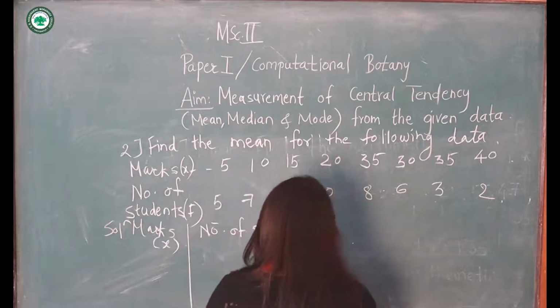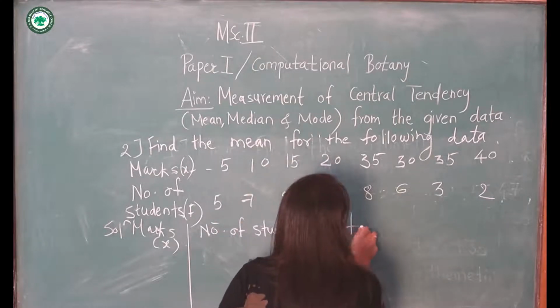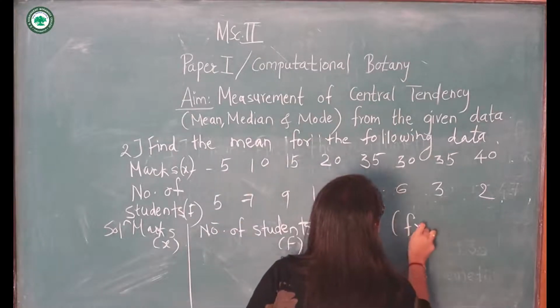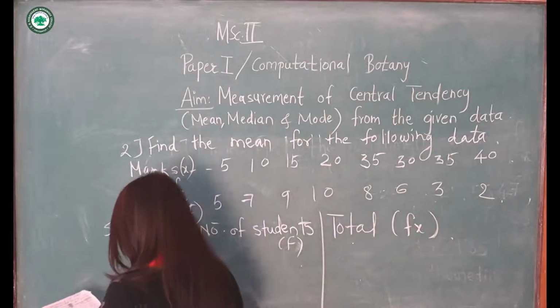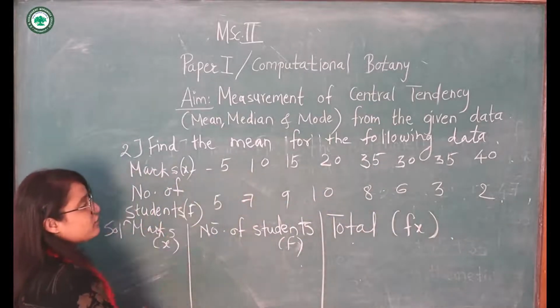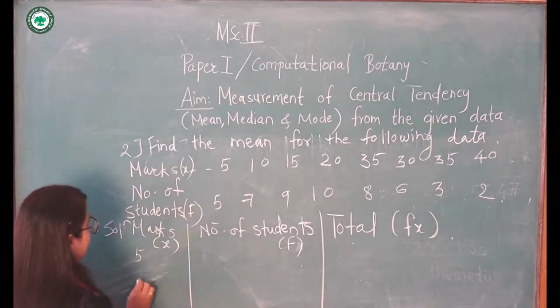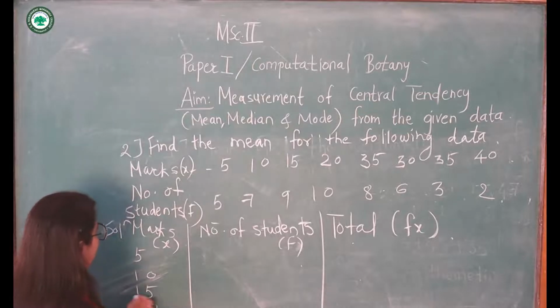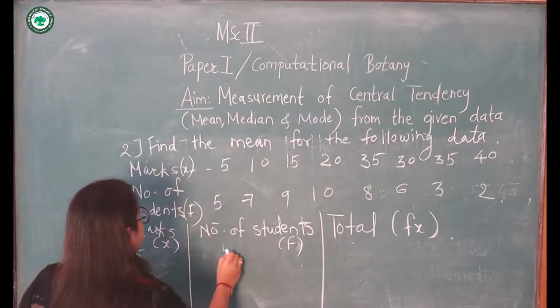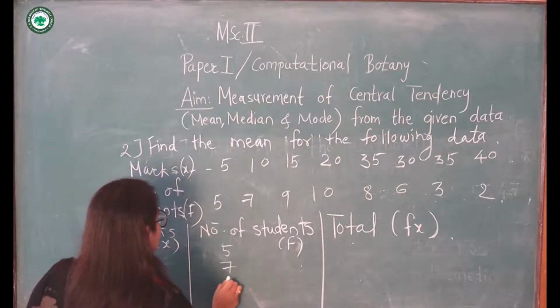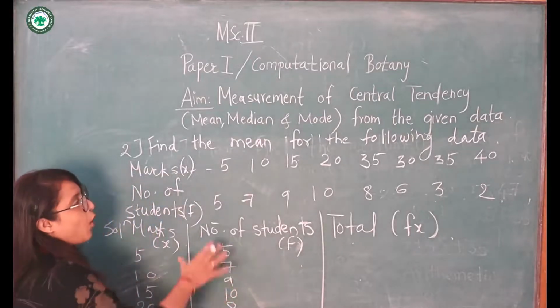Now all the data you have to write down in the columns: 5, 10, 15, 20, and 5, 7, 9, 10, 8, and in the same way all the numbers.